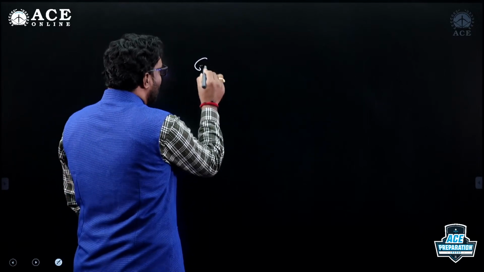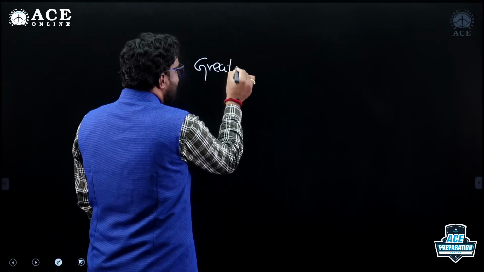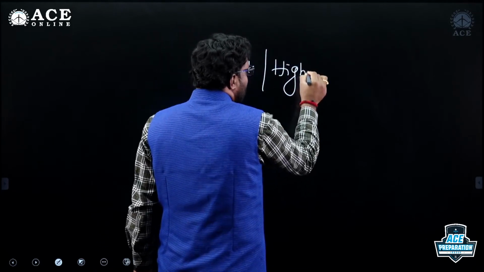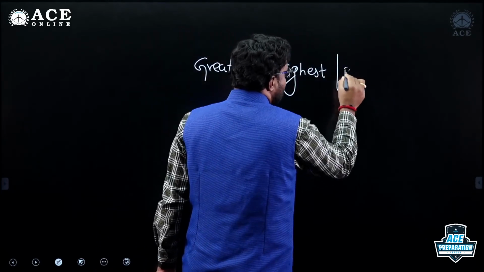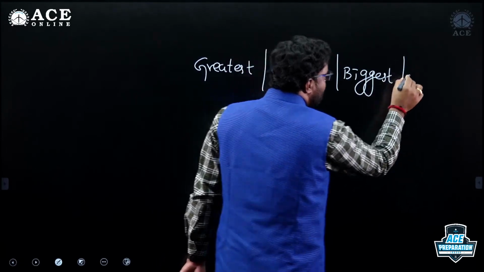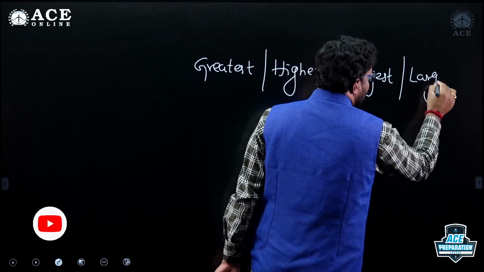And here, yes, greatest is a clue, but not always. Greatest common divisor, highest common factor, biggest, largest. This alone does not decide the factor.